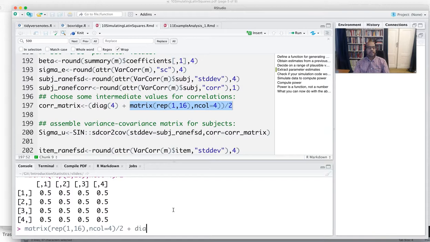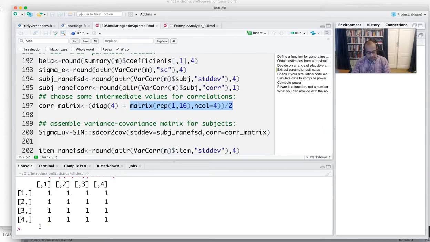But if I add a diagonal matrix, a matrix which has ones on the diagonal, to this matrix, look at what I get, okay?